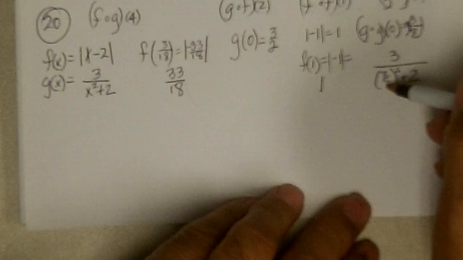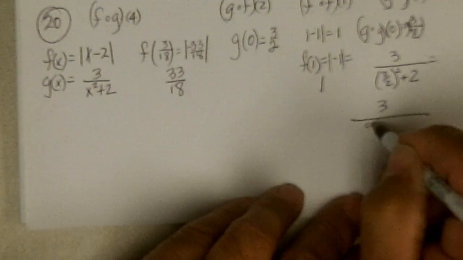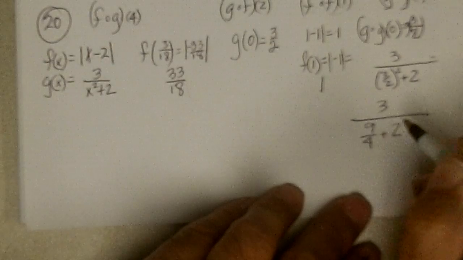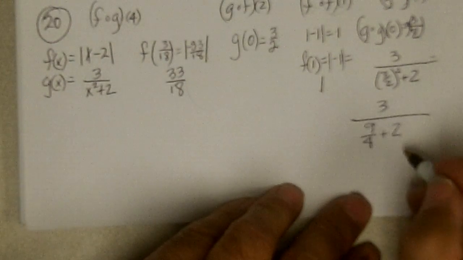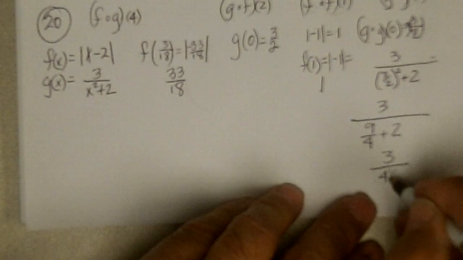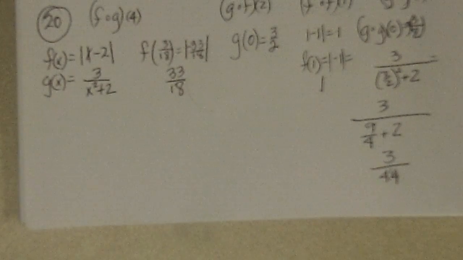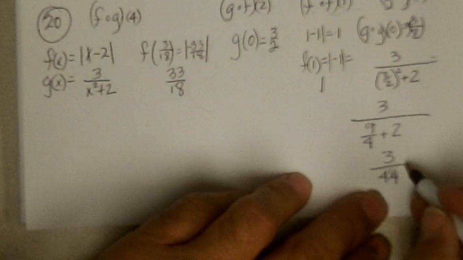So 3/2 squared is 9/4, plus 2. 9/4 is 2 1/4, so we've got 4 1/4. 3 over 4 1/4. I could leave it like that, but that's 17 quarters.